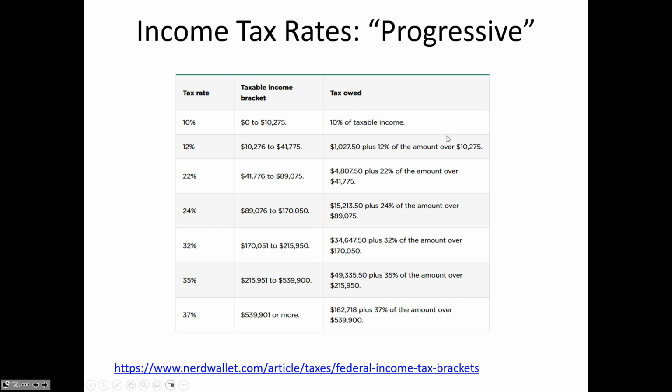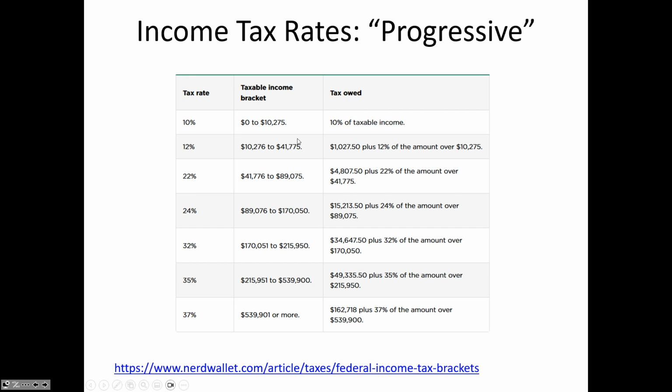Over here on the right, it says the tax that you owe if your taxable income is in this range would be $1,027.50, because that is 10% of the top end of the first bracket plus 12% of everything over $10,275.